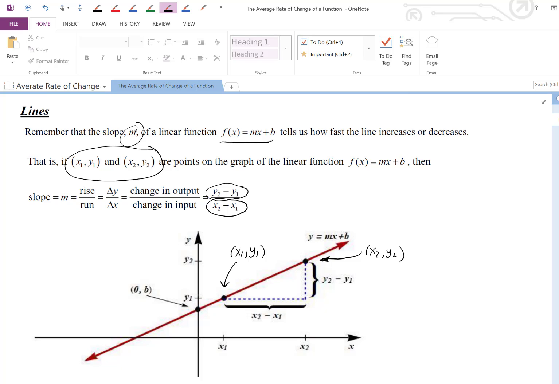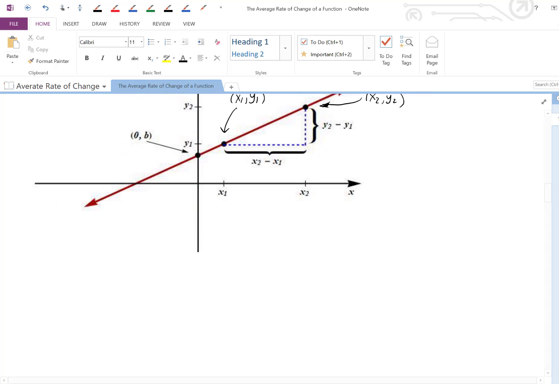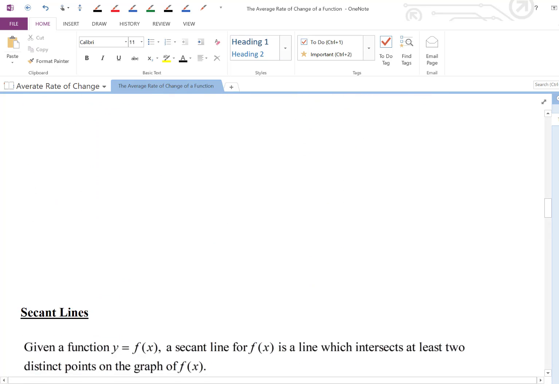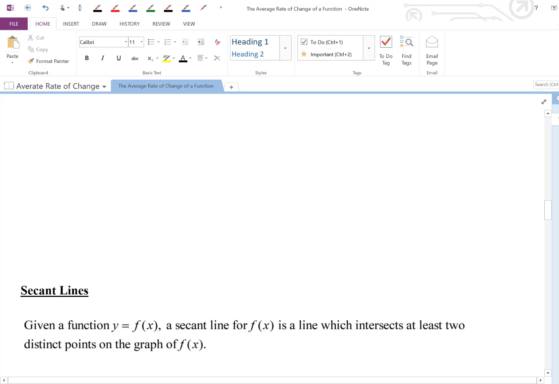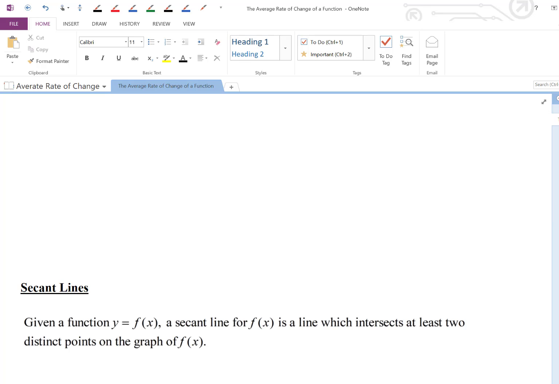So let's keep going. It brings us to the next topic, which we also need for average rate of change, called secant lines. Given any function, not just linear, just any old function now, a secant line for the function is a line which intersects at least two distinct points on the graph of the function itself.